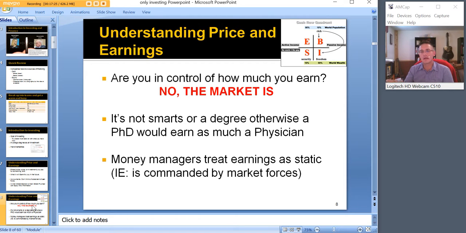What I mean by that is, if we apply this to a college degree and you get a degree in engineering, are you in control of how much you earn in the future? Unfortunately, a lot of students and people think, well, yes, you are, because you went to school for longer or got a harder degree, and that's why you get paid more. The reality is, no, that's not why you get paid more.